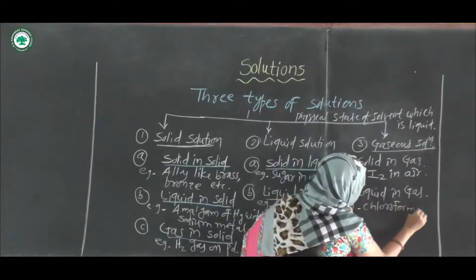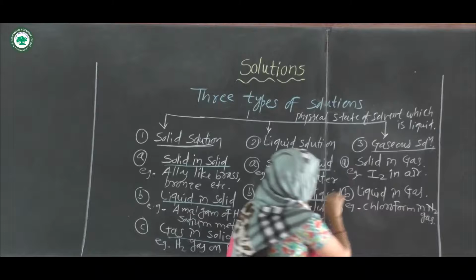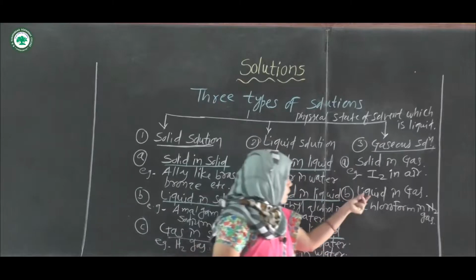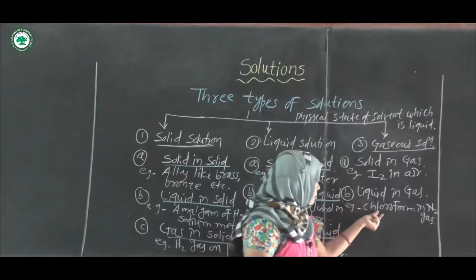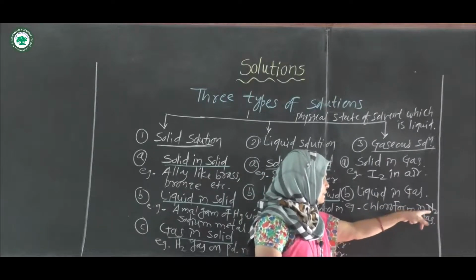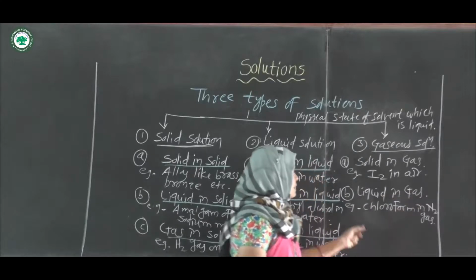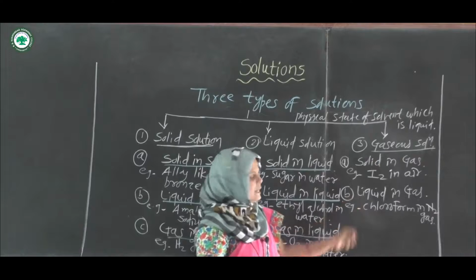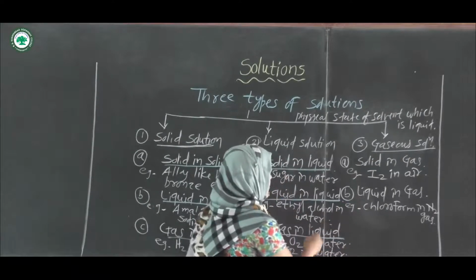See here, chloroform is in the liquid state, dispersed in nitrogen gas, so the solvent is gas, and it is the example of liquid in gas. It is chloroform in nitrogen gas.